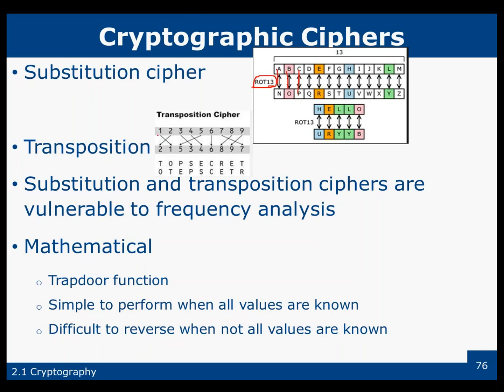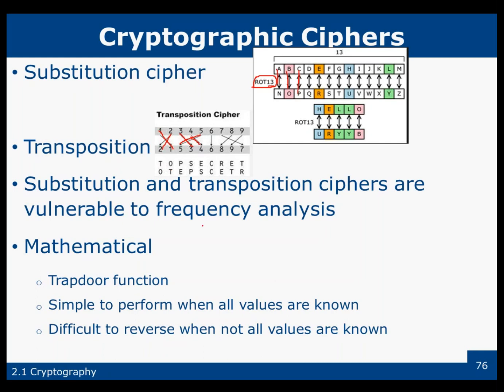Then we have transposition, and then this one, 1, 2, and 1, 2, 2, and some other elements here. But we have transposition in order to encrypt the data. Now these are very simple ciphers, obviously. When we start talking about the things we're using today, we're talking 256-bit, 1024-bit, 2048-bit keys in order to do this.